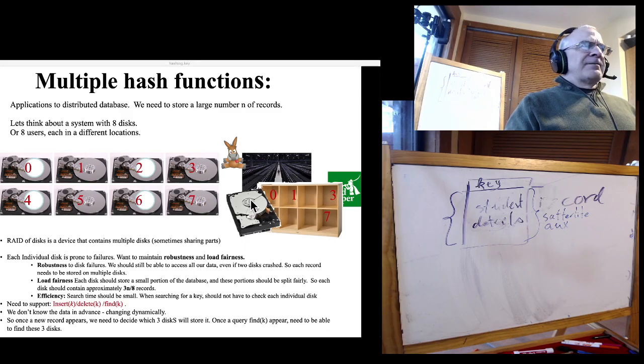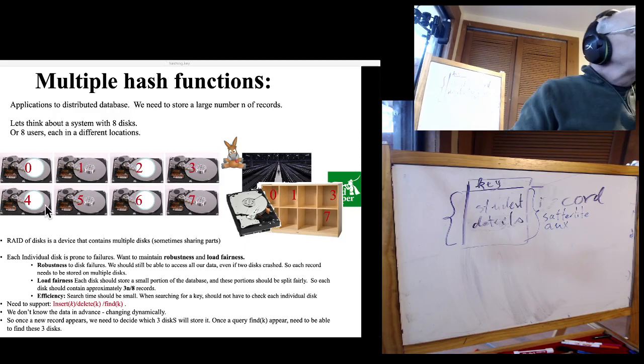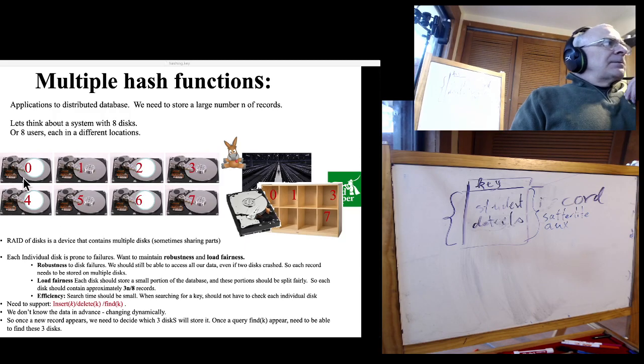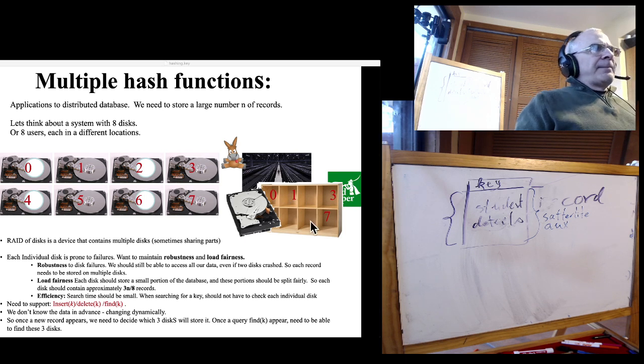Sometimes they all share pieces of hardware. Sometimes they are really separate from each other. Anyhow, we have a set of 8 hard drives. Let's label them 0, all the way up to 7. So 8 cells, similar to the cubbies that we had earlier.